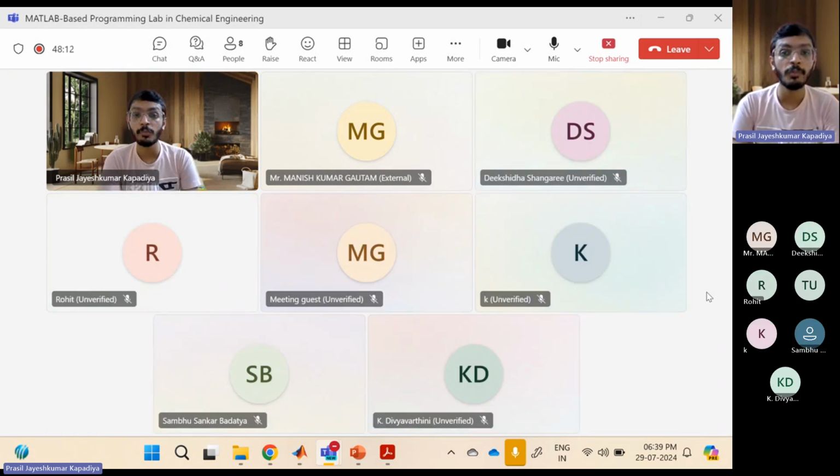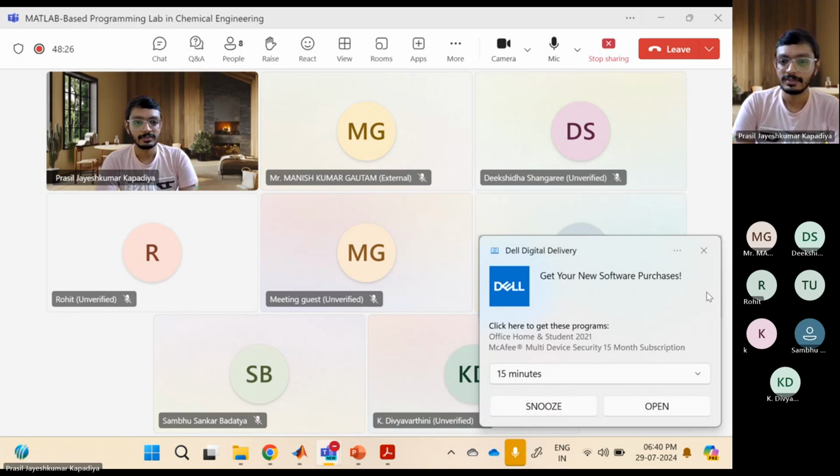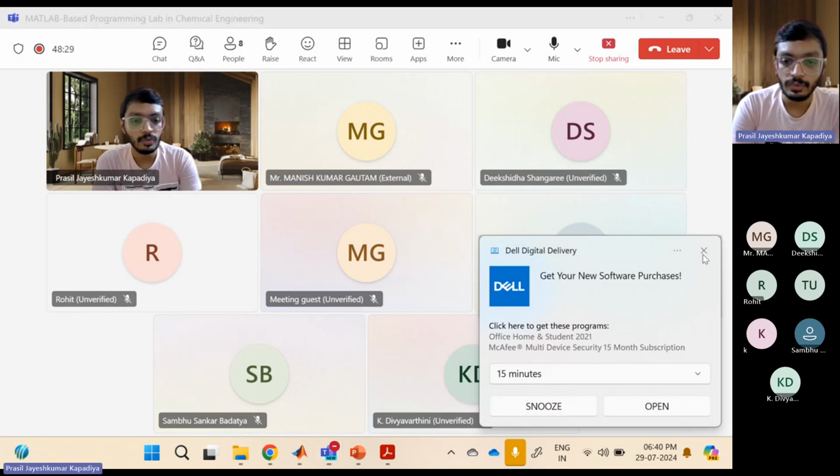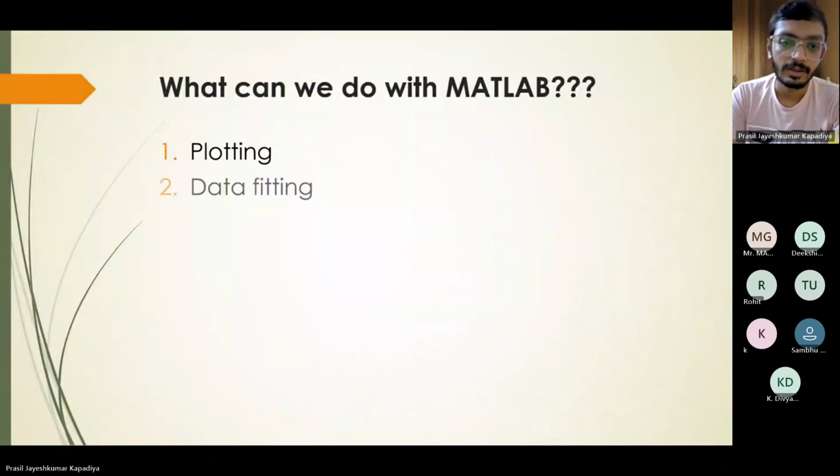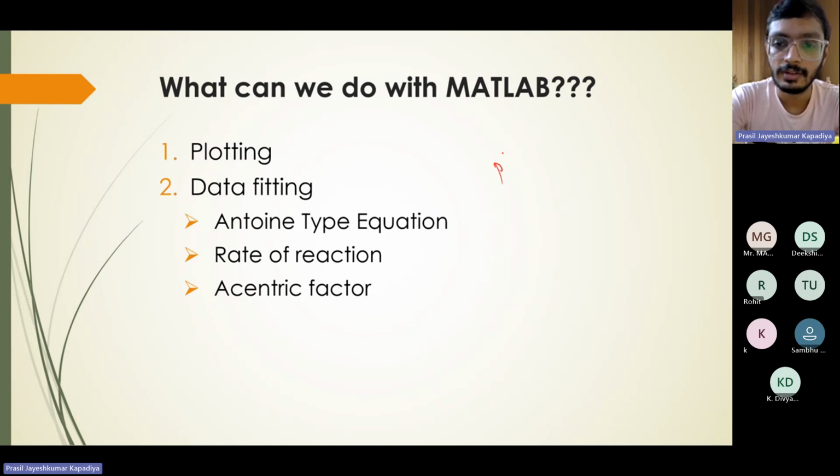Can anyone give me an example from thermodynamics? What else you can plot? What else you can fit? You have not performed any experiment, but let's say I am having this data of P sat versus temperature.